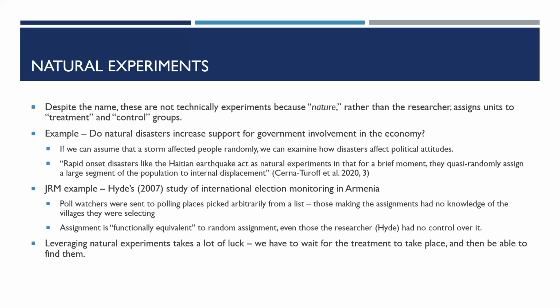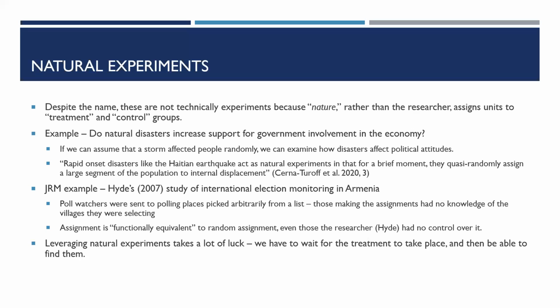And another key point here is that natural experiments do allow us to make some stronger causal inferences sometimes, but a lot of times they just require luck, right? It's not like going into the lab, planning to conduct an experiment, and then conducting it. We have to wait for the treatment to take place. We have to assume that the treatment was randomly administered.